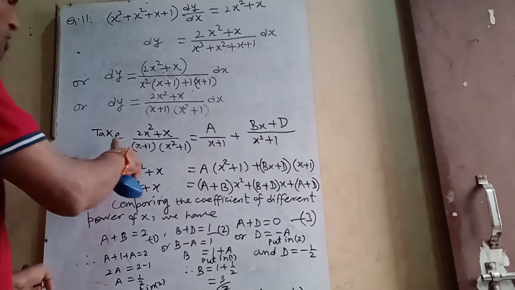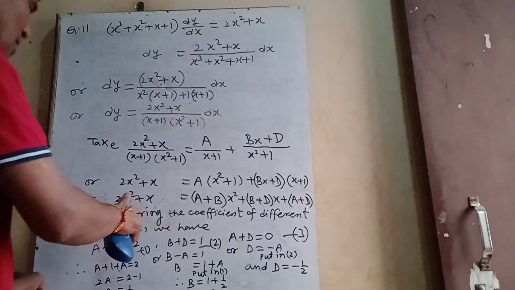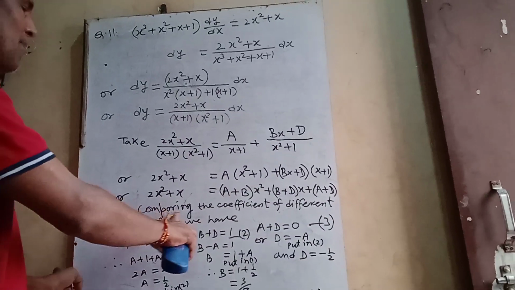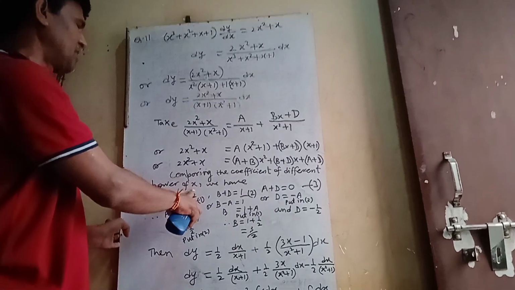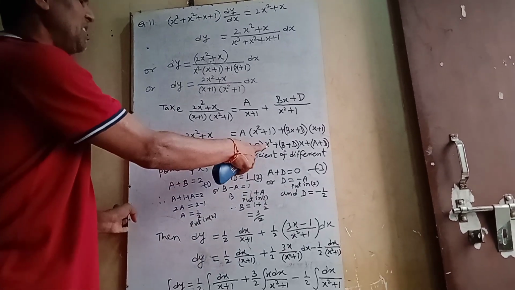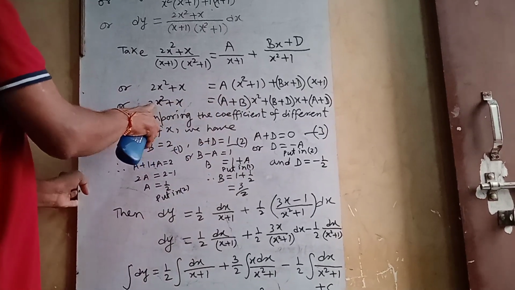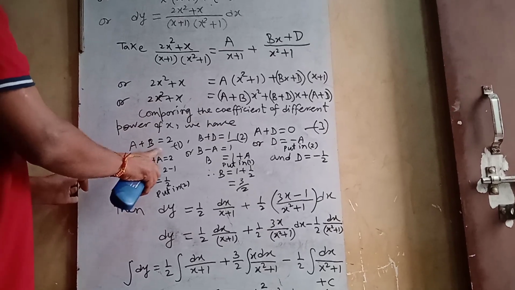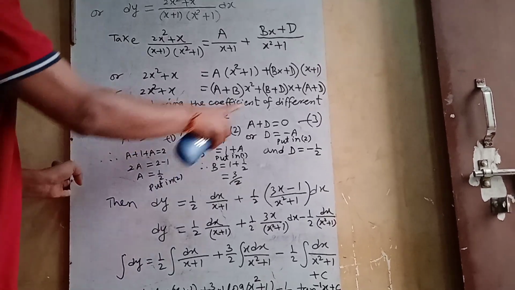Now this can be written as follows. Now we write in this format and compare the coefficients of different powers of x. The coefficient of x square is a plus b, and here the coefficient of x square is 2, therefore a plus b equals 2. This becomes equation number 1.